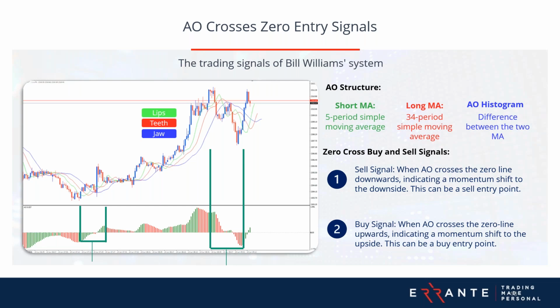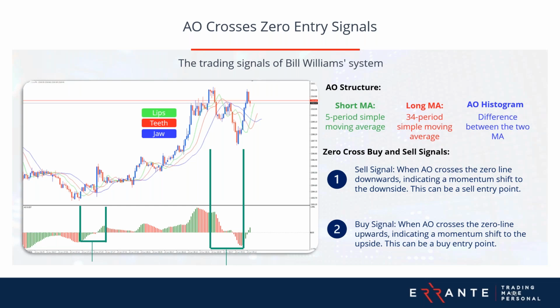AO is most effective in trending markets. So in Forex or in stock trading, avoid using it in sideways or choppy markets as it can give false signals. And also for more reliable signals, we should use higher time frames like the H4 or daily chart to confirm the lower time frame signals.